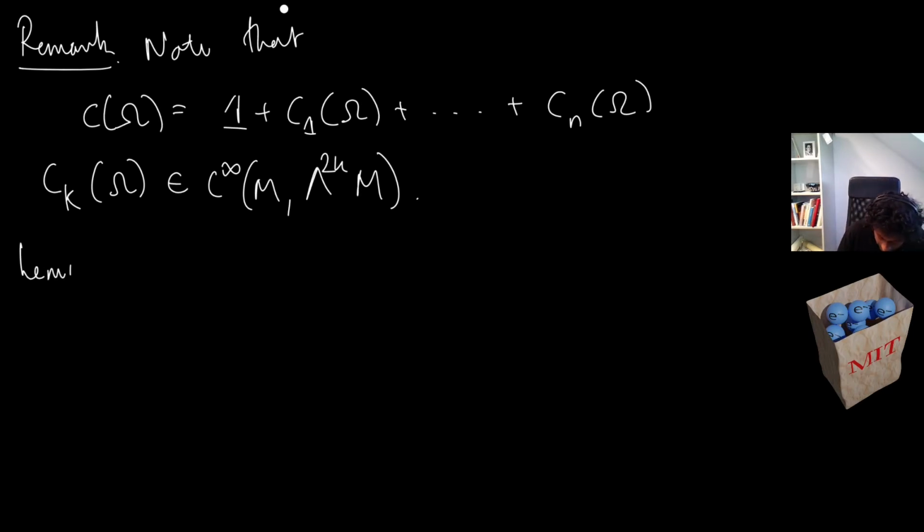So what happens at the level of the dual bundle? So in what is to come, we need to understand what happens at the level of the dual bundle, right?